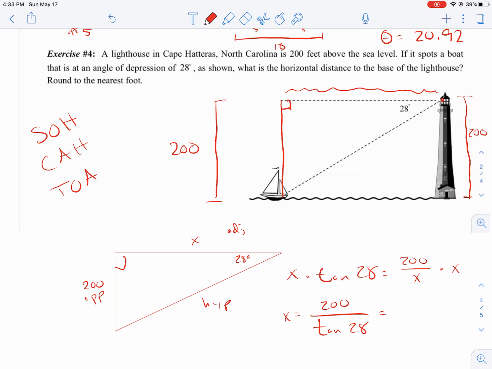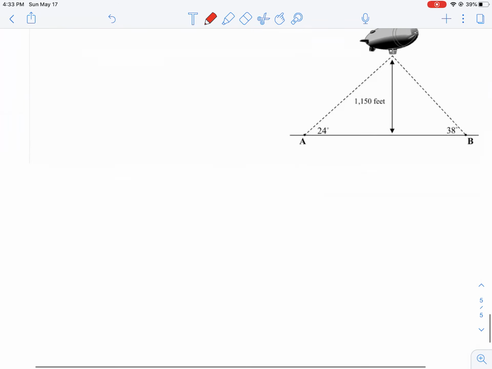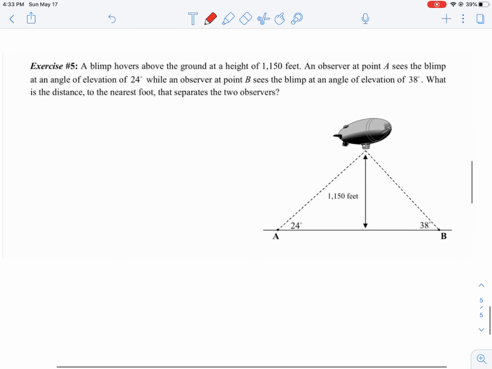You get 376.14, and it says round to the nearest foot, so 376 feet. And that is how you find the answer for example 4.